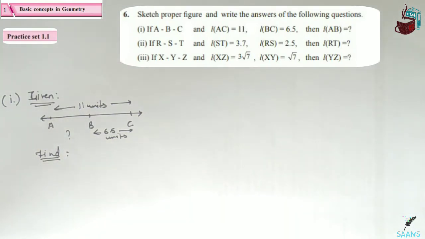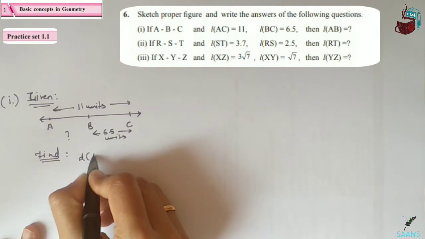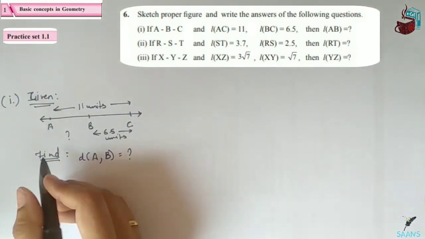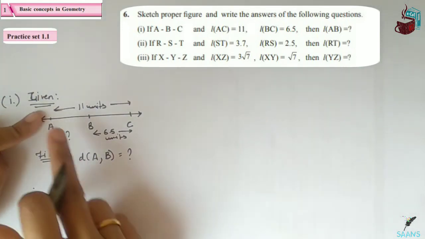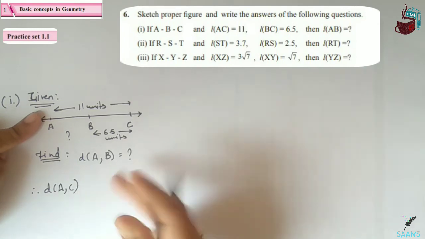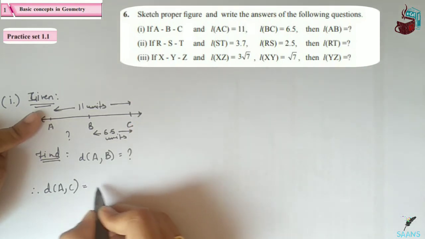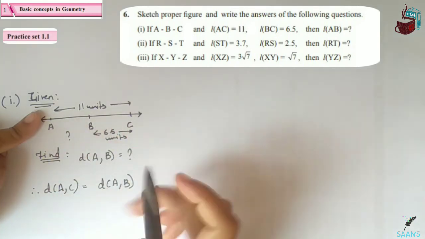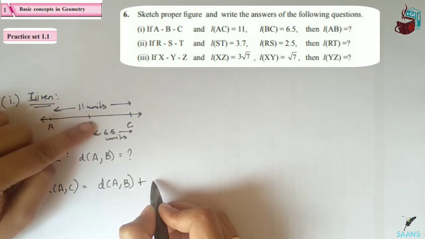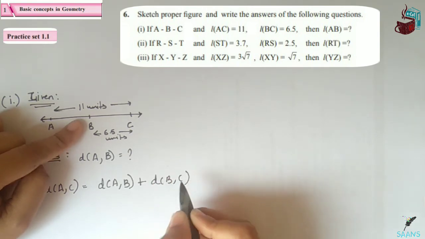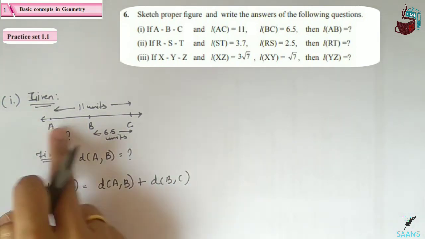So, find distance A comma B. First write the whole equation as we always do: distance A comma C, the corner points, is equal to distance A comma B plus what is left? Distance B comma C. Excellent. AC is already given.